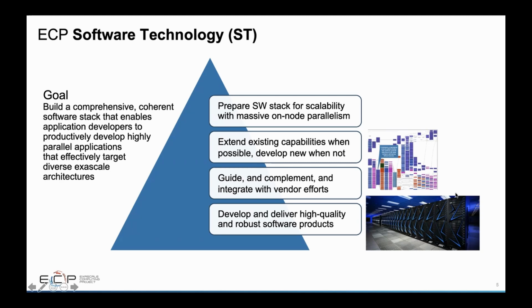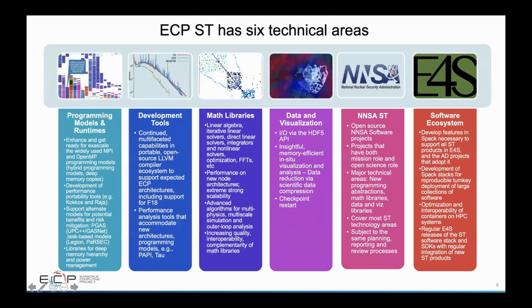So the software technology area has 6 technical areas, and there's another one on workflows that we are integrating. It encompasses a diverse selection of areas in programming models and runtime in the software development kit.